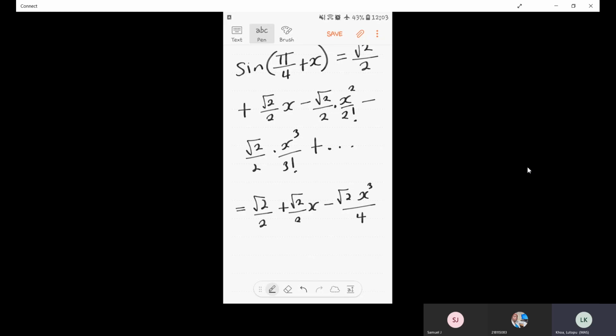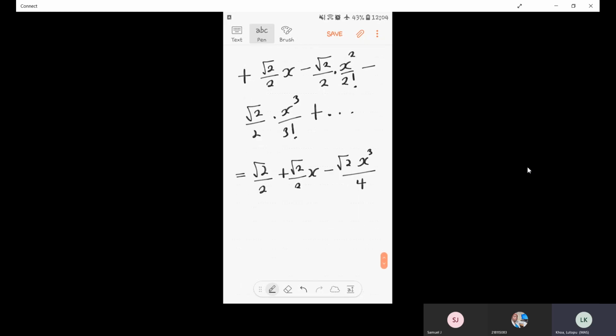If you want to, you can rewrite square root of 2 over 2, we rewrite 4 as square root of 2 to the power of 4, and then cancel some of the square roots if you like, but even this is fine. Then I have minus square root of 2 x to the power of 3. Then 3 factorial is 6 times 2 is 12.